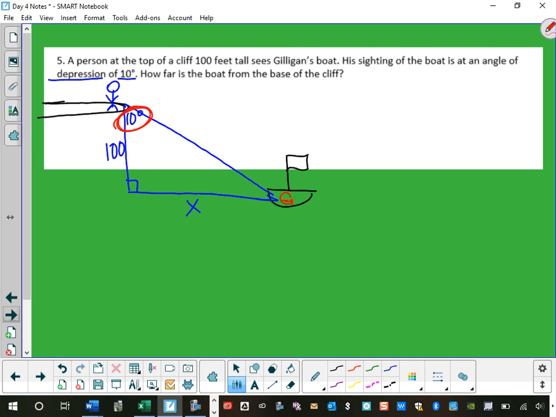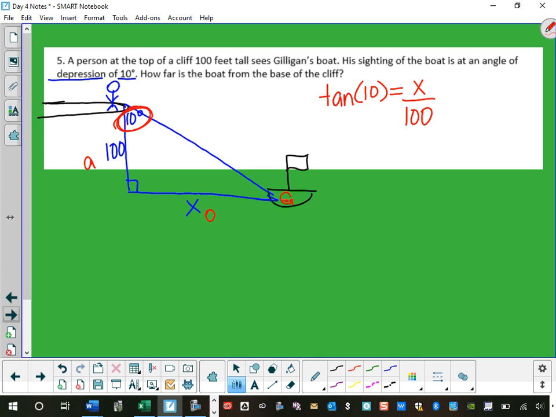Guys, opposite, adjacent, or hypotenuse for 100. It's touching the angle. It's adjacent. What about x? That's opposite. So I'm going to have tangent of 10 is equal to opposite, which is x, over adjacent, which is 100.